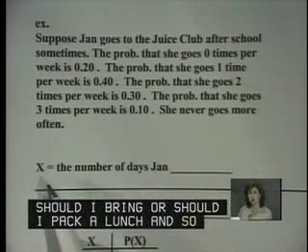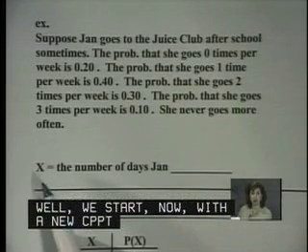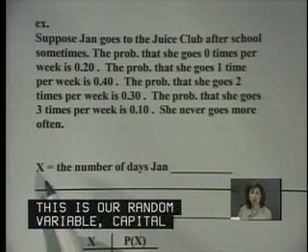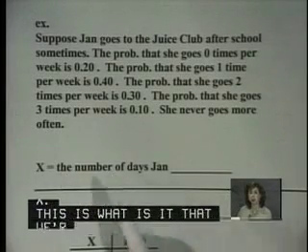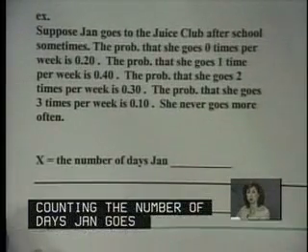Well, we start now with a new concept, and this is our random variable, capital letter X, and this is what it is that we're counting. In this case, we're counting the number of days Jan goes to the juice club (JC) after school per week.